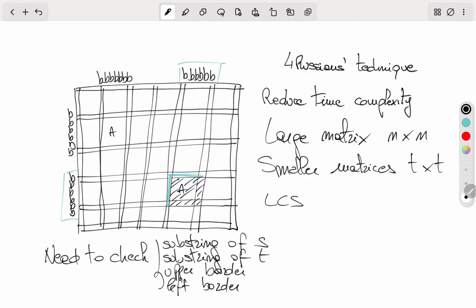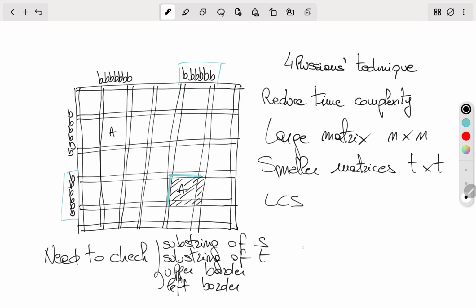How long does this take? I need to look at t characters of S, t characters of T, t values of the matrix, the upper border, t values of the left border.